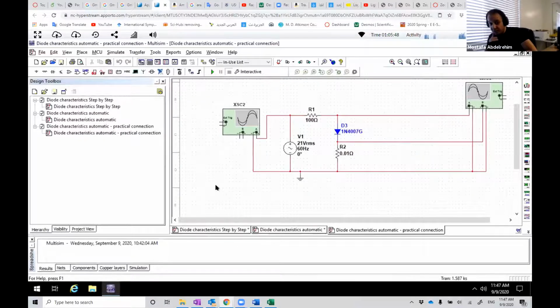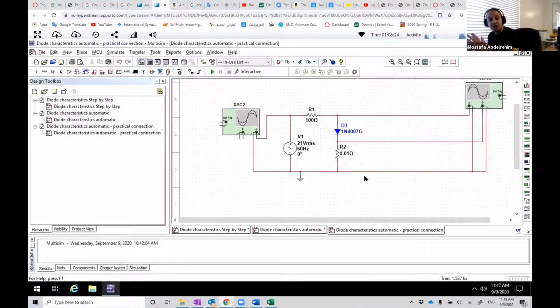So in our Ohm's law practical implementation, R2 was 1 ohm. And it was good because remember at that time, the resistor that we wanted to measure the Ohm's law across was 1 kilo ohm, and 1 ohm to 1 kilo ohm is very small. So the voltage of channel A is now from this point to this point.